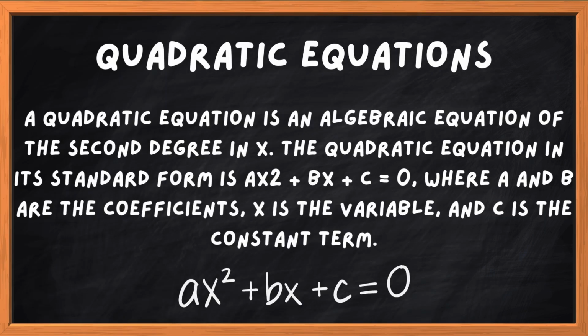Quadratic equations. A quadratic equation is an algebraic equation of the second degree in x. The quadratic equation in its standard form is ax² + bx + c = 0, where a and b are the coefficients, x is the variable, and c is the constant term.